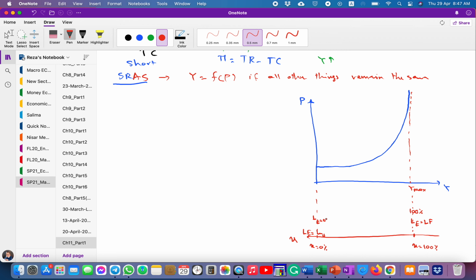So we would say that if we have plenty of labor force available, it's going to be the flat side of the short run aggregate supply, and then it's going to be positively sloped, and then there is going to be a vertical part, because once you're hiring your entire labor force, no matter what the price is, we're not going to create more than this.